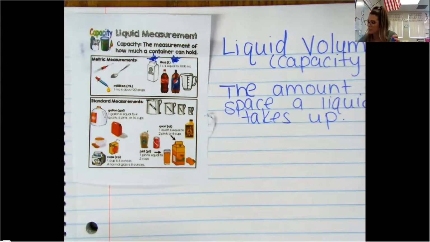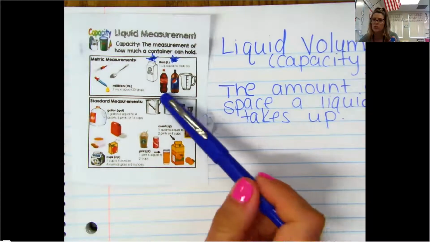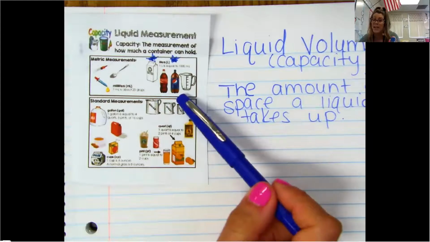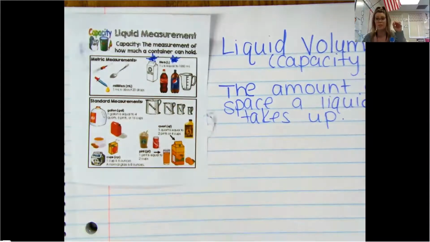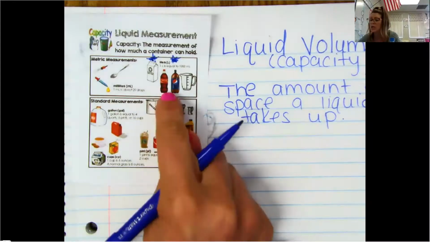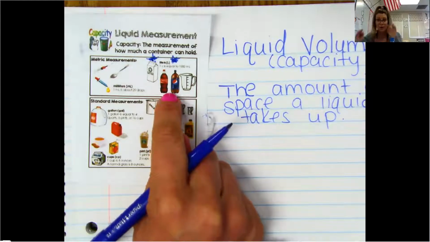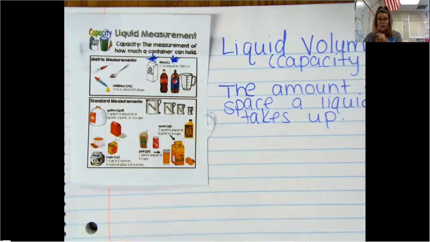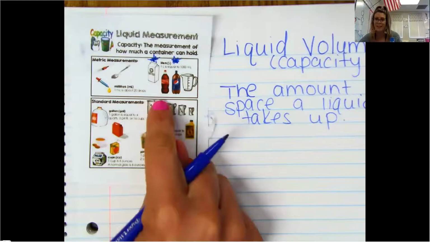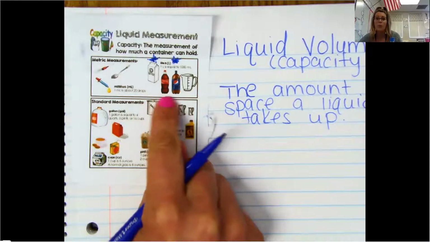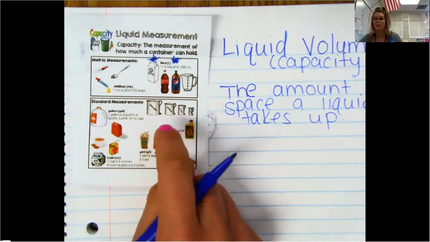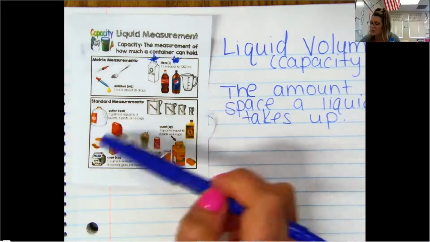So when you look at the picture here, it shows the soda can or bottles, not the big ones that you buy. That's actually 2 liters. Okay, so if you've ever been to Publix or Walmart, and when you check out, you know how they have the little refrigerator with the drinks in it, like the sodas, that would be more of 1 liter, okay? So it just kind of gives you an idea.